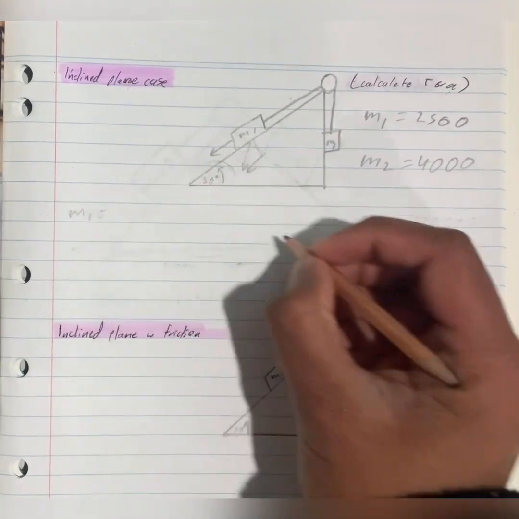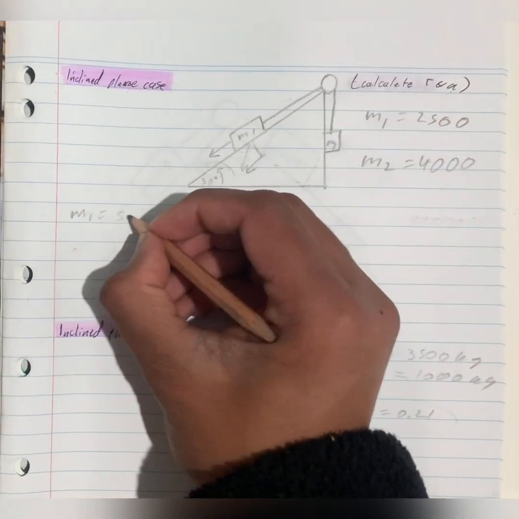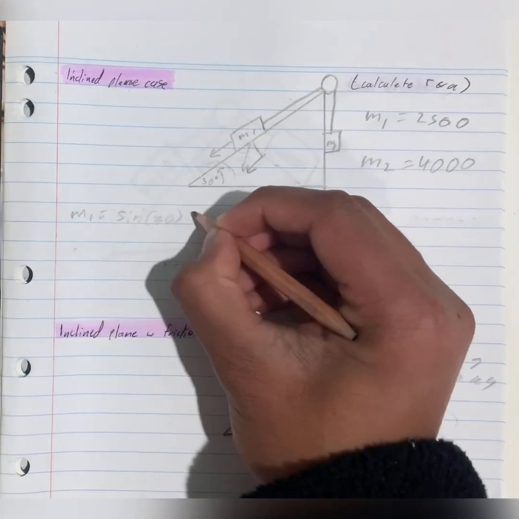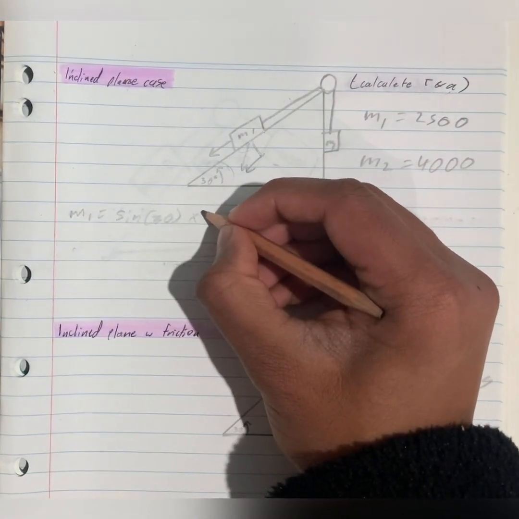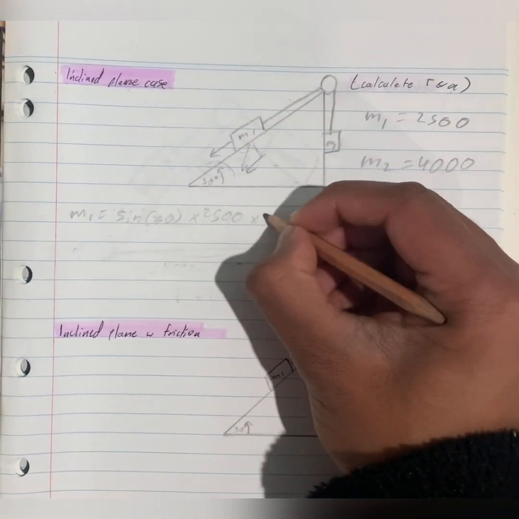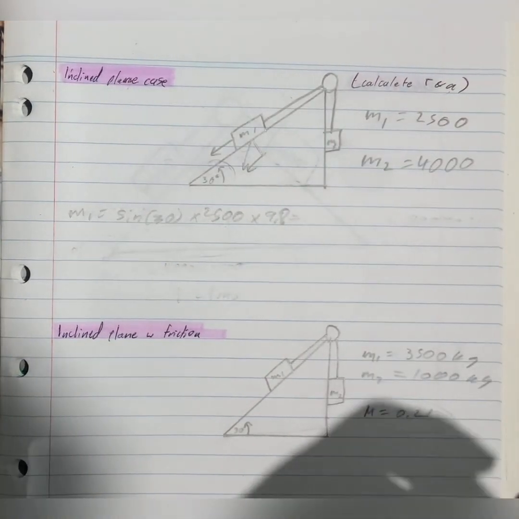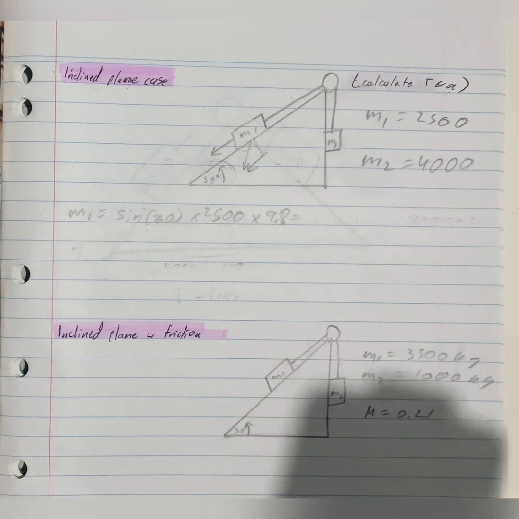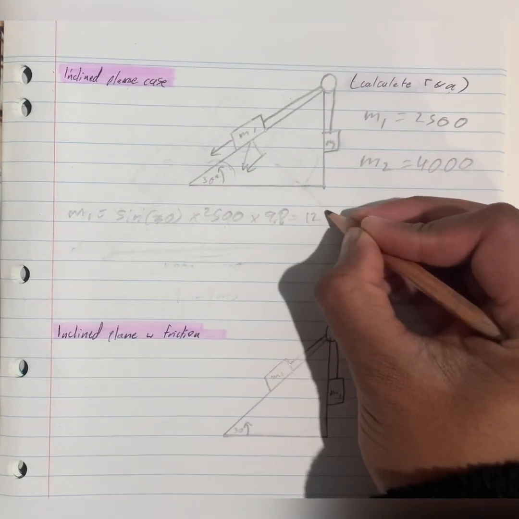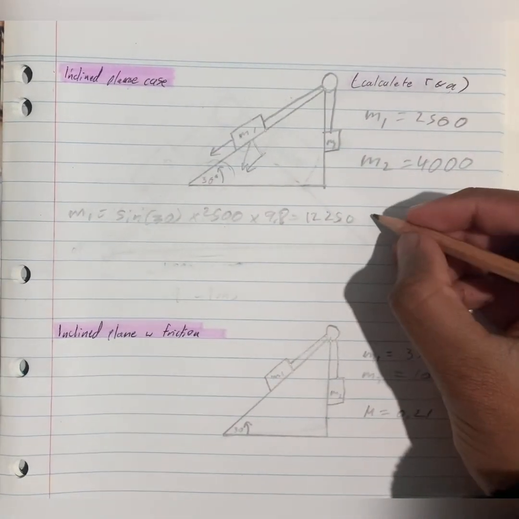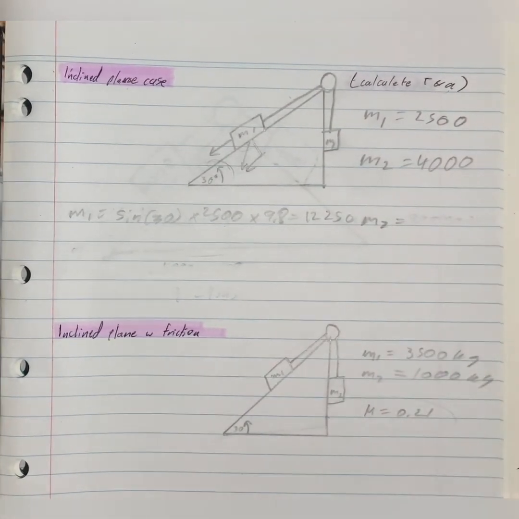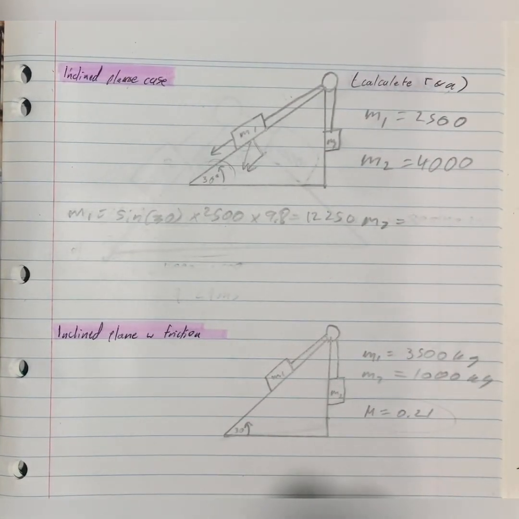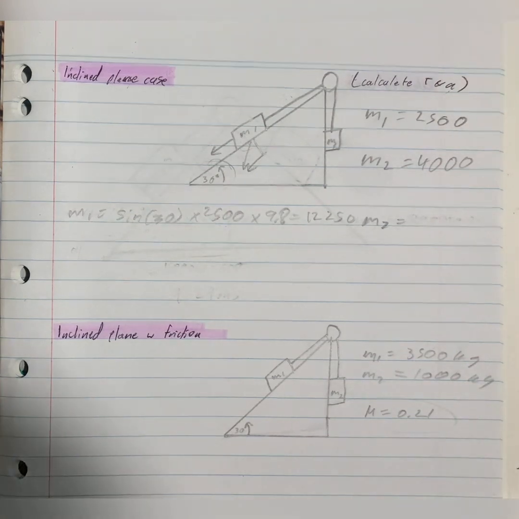The net force acting on M1 without the string, obviously, is sine 30 times mass, which is 2,500, times gravity, which would give us half times 2,500 times 9.8, 12,250. On the other hand, M2 would just give us a clean 4,000 times 9.8, 39,200.